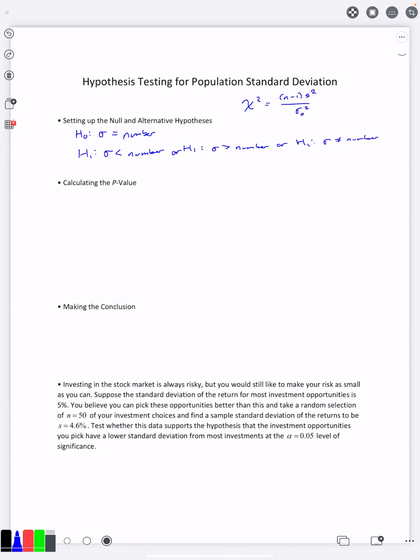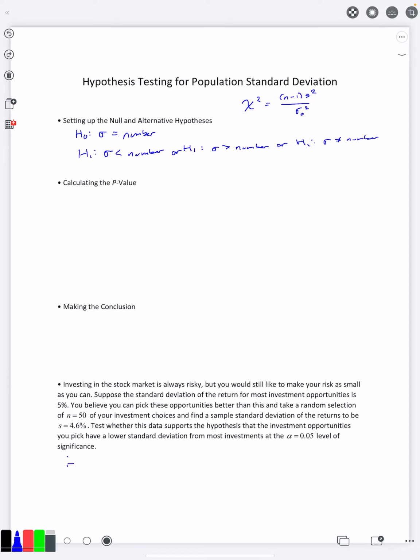You believe you can pick these opportunities better than this and take a random selection of n equal to 50 of your investment choices and find a sample standard deviation of the returns to be s equals 4.6%. Test whether this data supports the hypothesis that the investment opportunities you pick have a lower standard deviation from most investments at the alpha equals 0.05 level of significance.